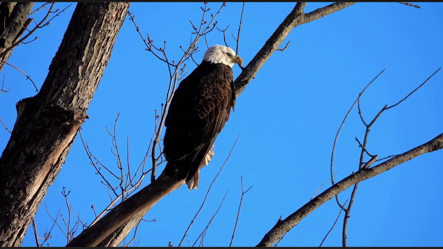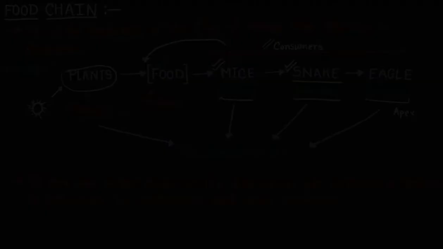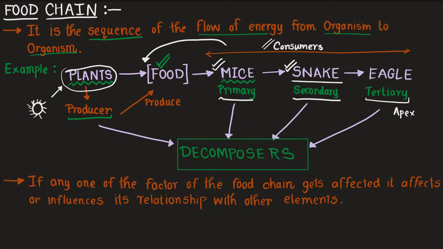So you might be thinking, what happens to the eagle when it dies, because nobody eats the eagle? Nobody kills the eagle, but after it dies it goes to the decomposers, because every body decomposes after the death of any organism, like mice and snakes.